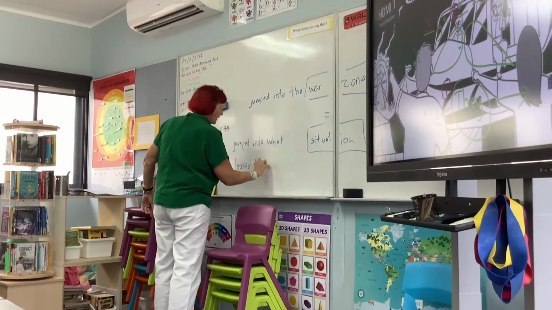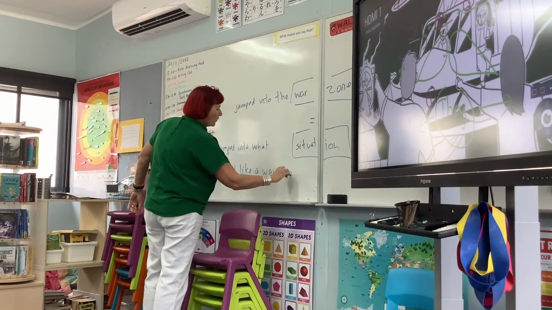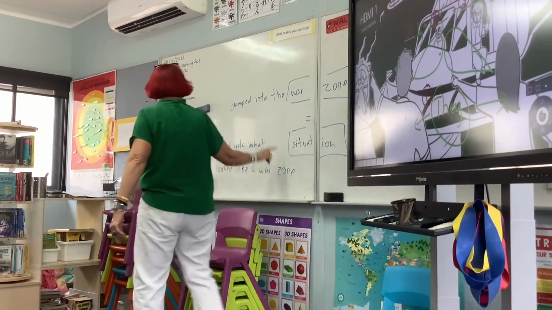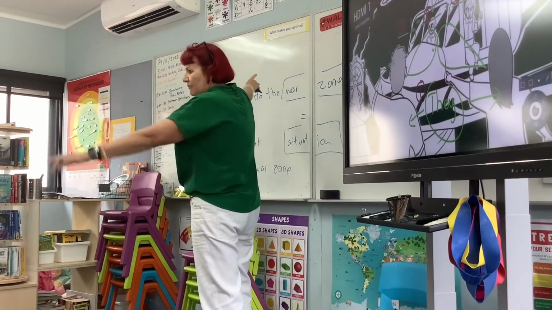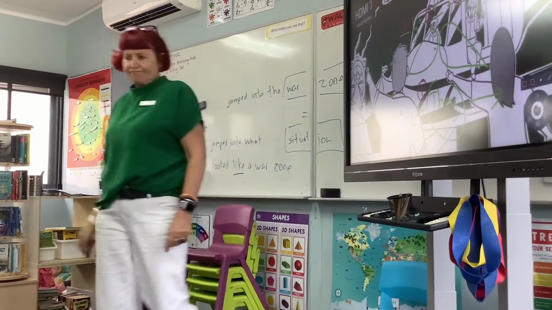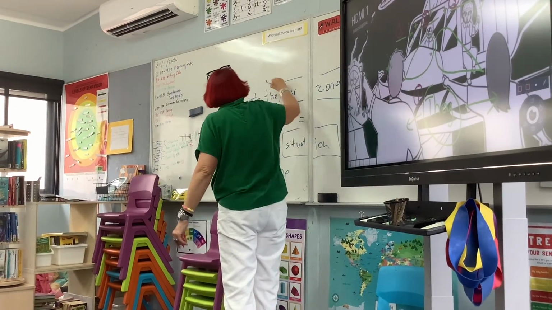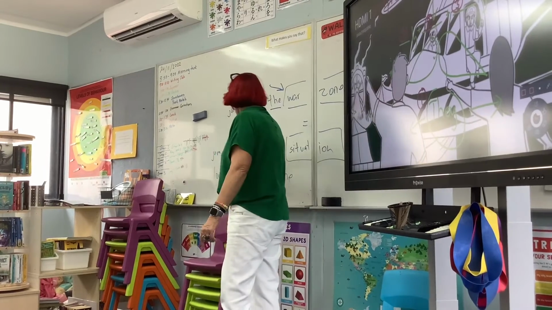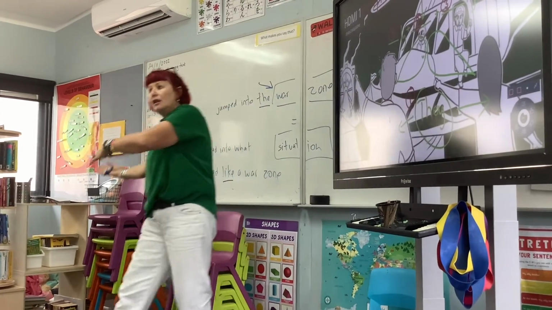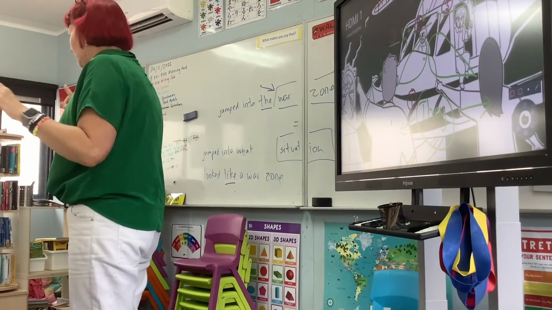Oscar, how do you know, what word in there tells you that this is a simile and this is a metaphor? Like. If it was a metaphor, it would be saying that it is one. So this is saying, yes, it is a war zone. This is saying it looked like a war zone. That is the difference between similes and metaphors.